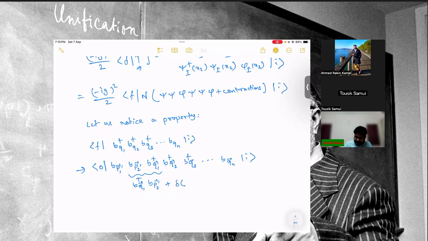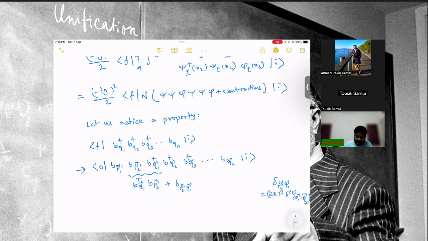Let me write it as delta prime q1 prime. But this means the whole thing, it's basically (2 pi)^3 delta cube between p2 prime.